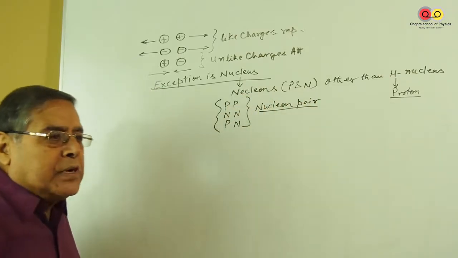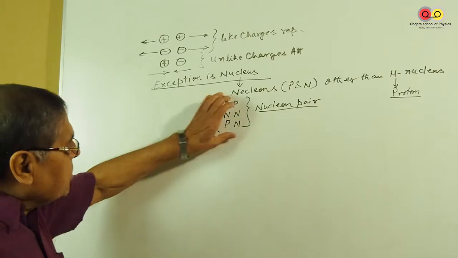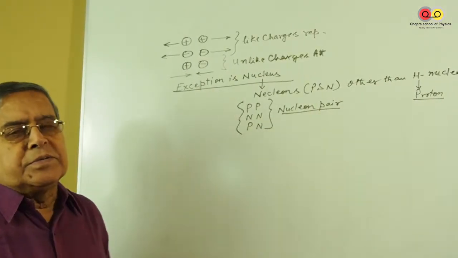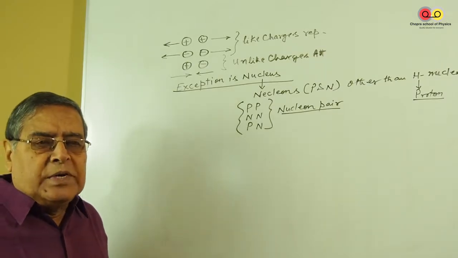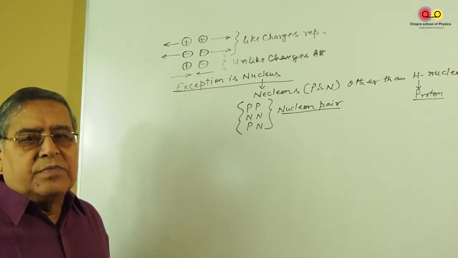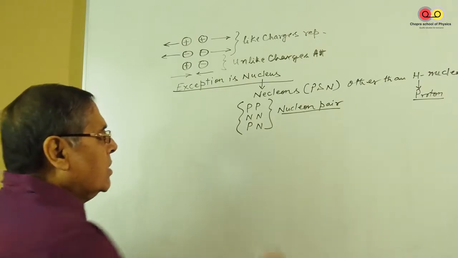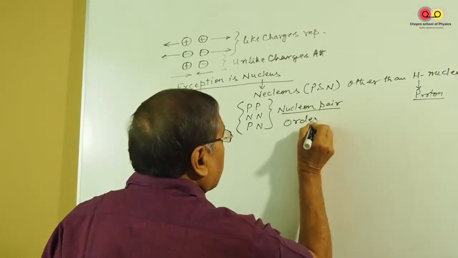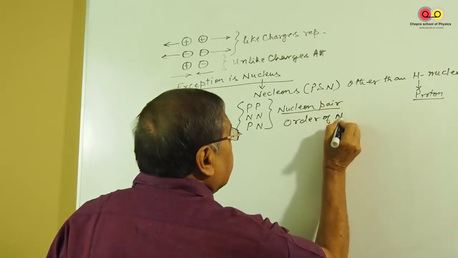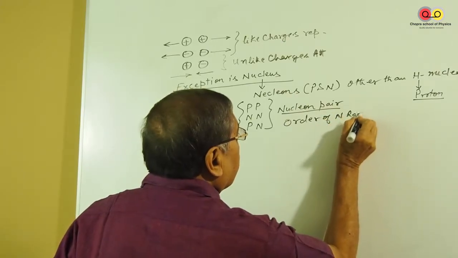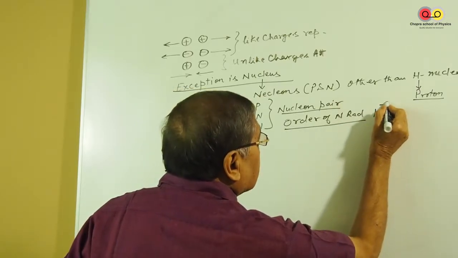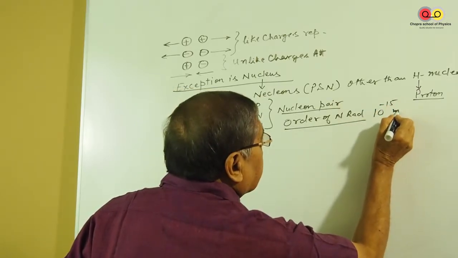You will also remember that all these nucleon pairs constitute a nucleus. And the size of the nucleus, that is the radius, is very, very small. Order of nuclear radius is 10 to the power minus 15 meters.